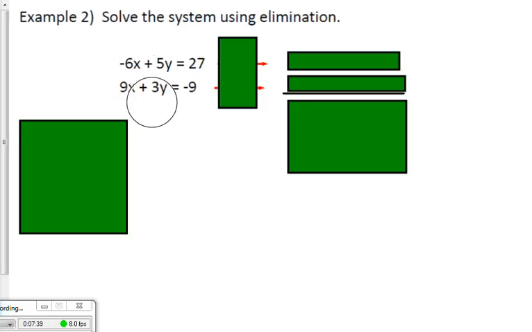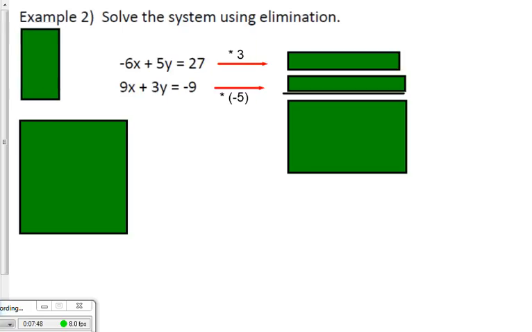So in this case, we're going to have to multiply both equations by something so that they will be opposites of each other. What I'm going to try to get the same is my y values. I have a 5y here, and I have a 3y here.